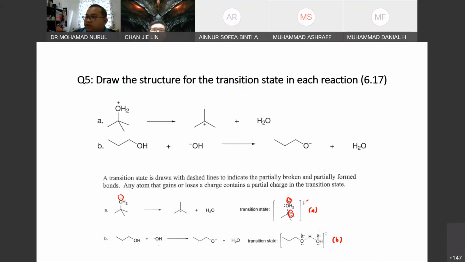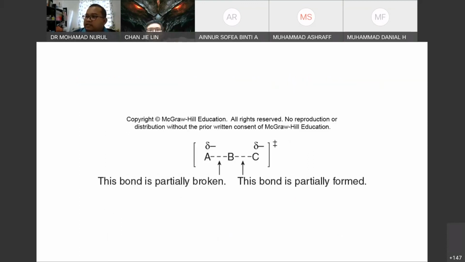This is how to draw the transition states. I think we already covered the explanation during the lectures. For example, this is the partially broken bond. This is the partially forming new bond. Don't forget the charge. We have both charges here, the brackets, and also the double dagger.